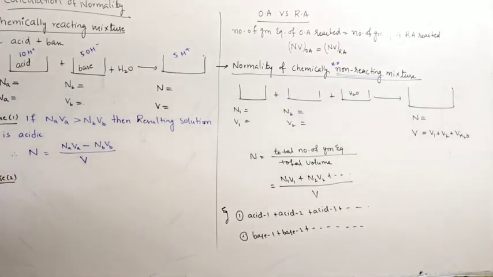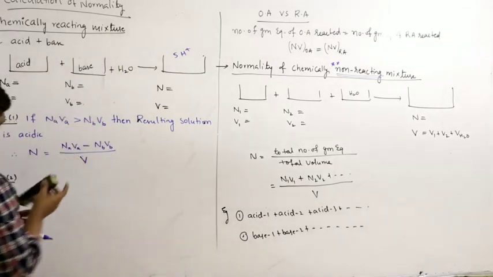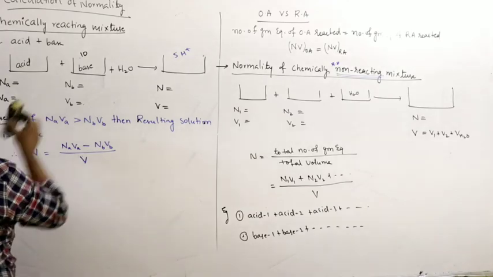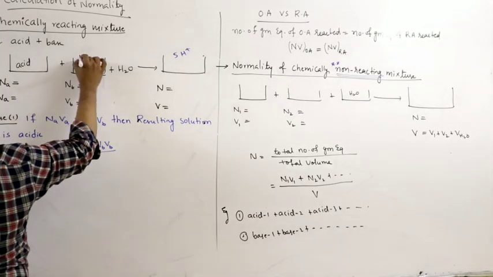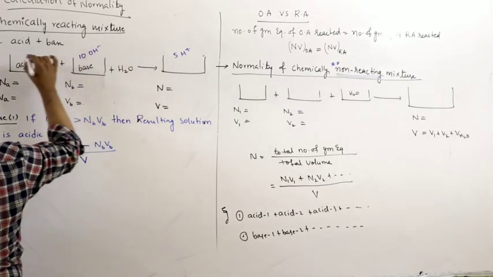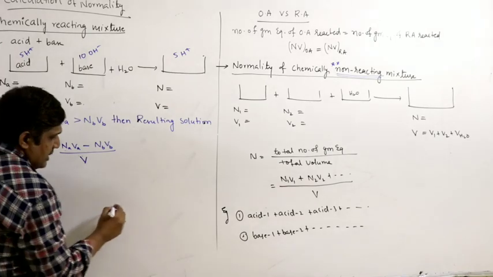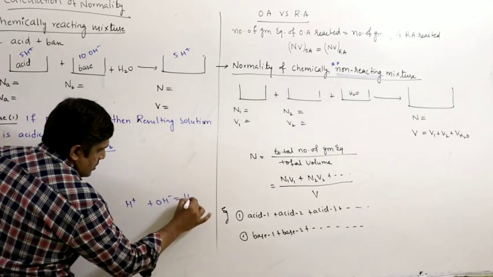Case 2. Let us take 5 H plus ions and 10 OH minus ions. Now what happens? You can see clearly H plus plus OH minus gives water.